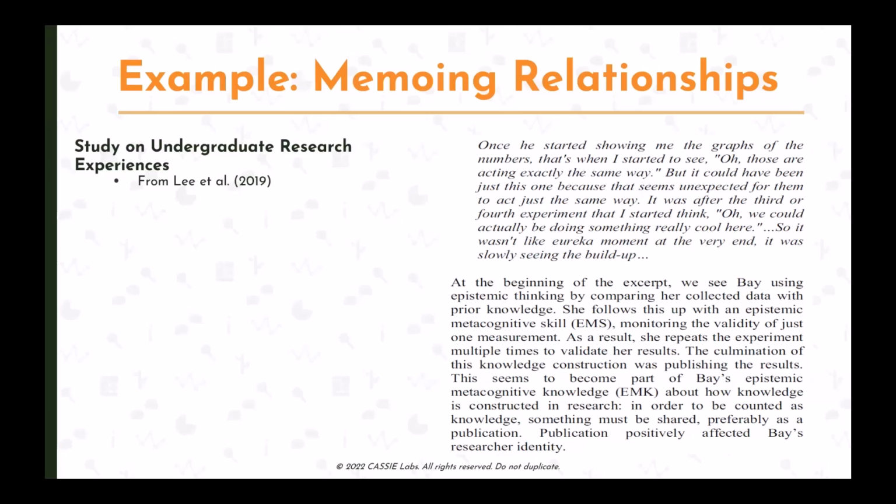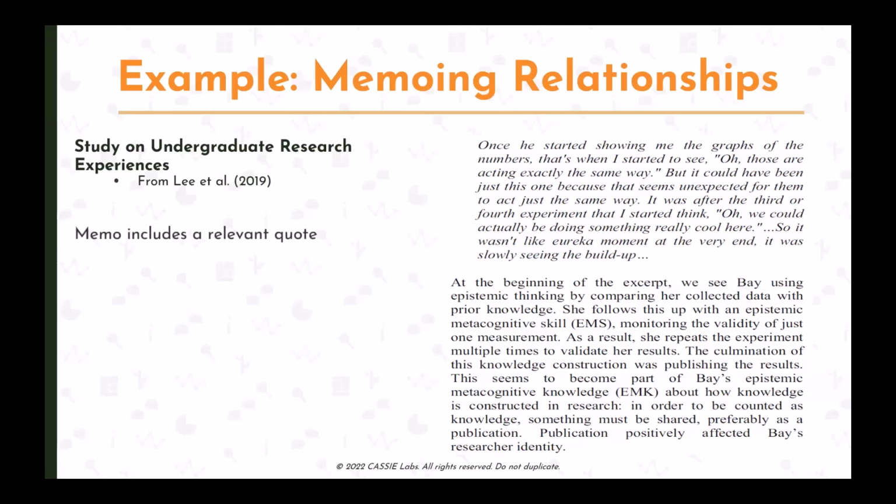She realizes, I need to repeat this experiment many times before we know if this is actual scientific knowledge. And then she applies her epistemic metacognitive knowledge. She knows that in order to develop scientific knowledge, you have to go through this process, and this process involves publication. And so when things are published, that's an indication that you're engaging in scientific work, right?